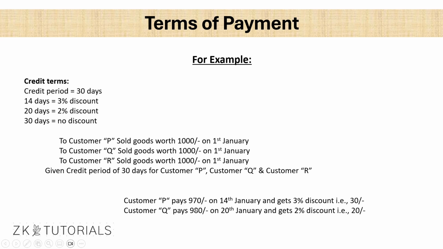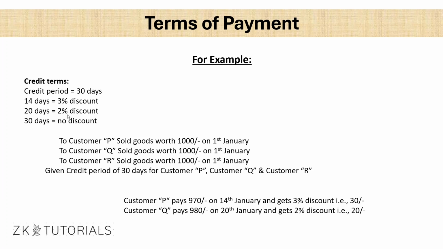And customer Q. Customer Q pays us 980 rupees on 20th January. Here, even though he has purchased goods worth 1000 rupees, he pays only 980 rupees on 20th January and gets 2% discount, that is 20 rupees. If you see here in the credit terms, if he pays within 20 days, 2% discount is given.